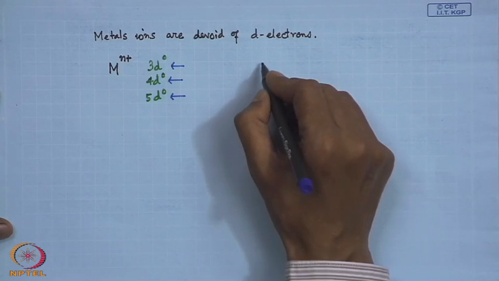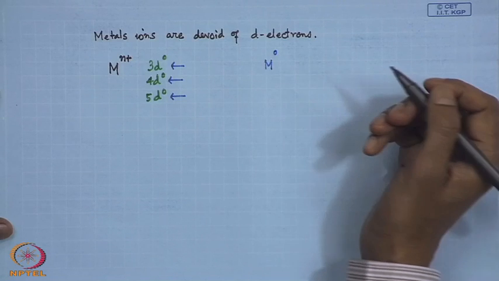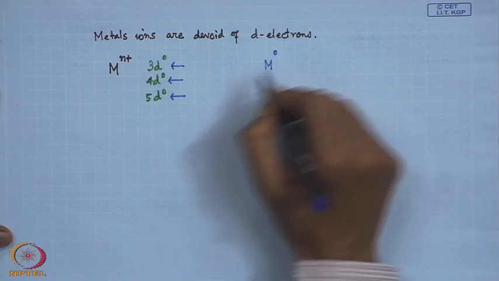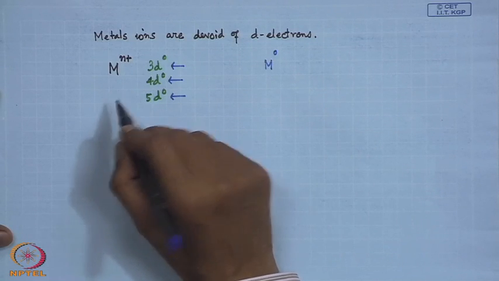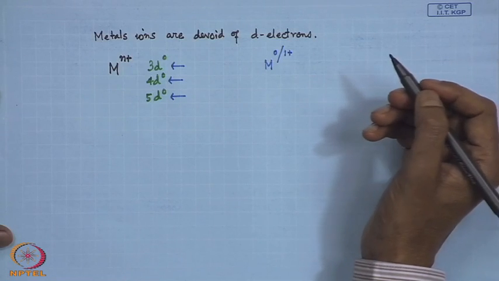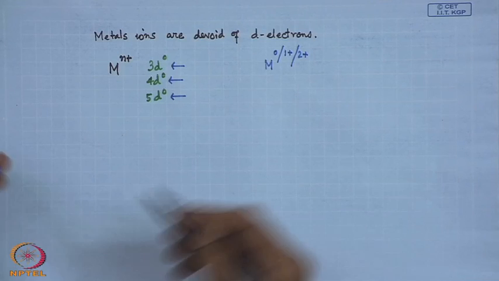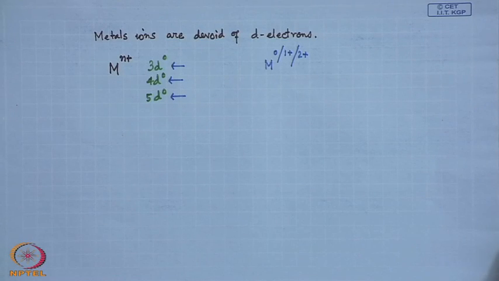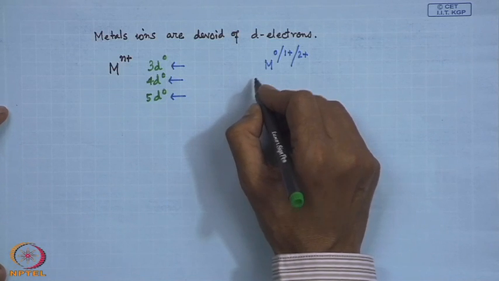But in another case, if the metal is in 0 oxidation state, that means the metal has more electrons compared to the manganese or chromium center, or in a low oxidation state of 1 plus or 2 plus, we will consider these metal centers as highly reducing.